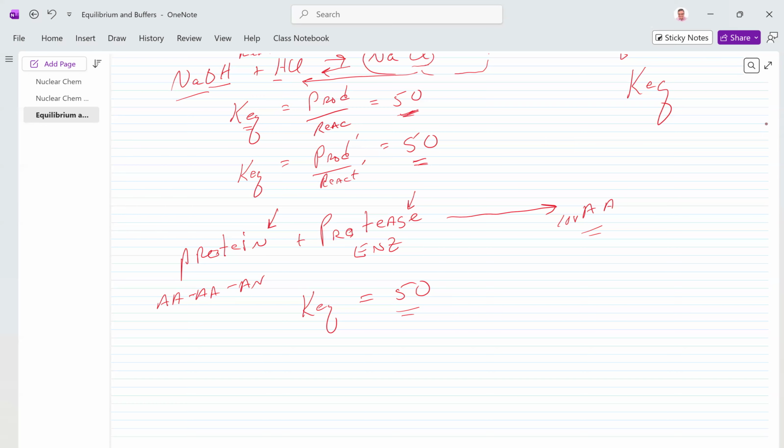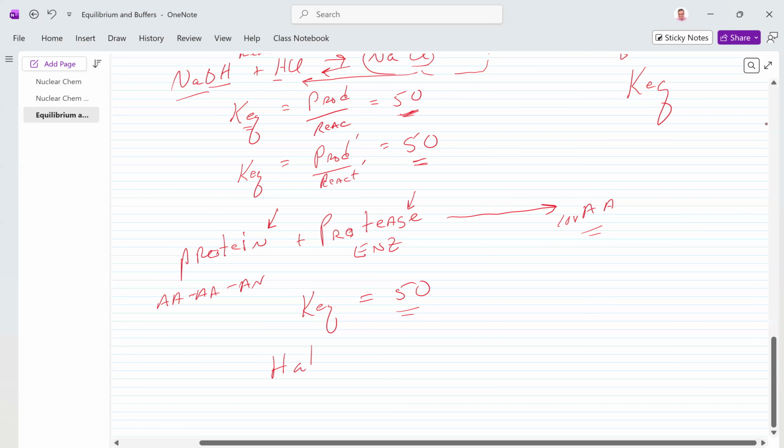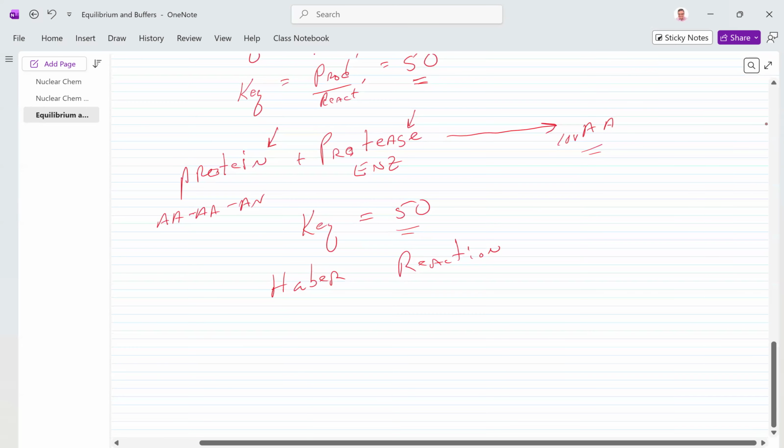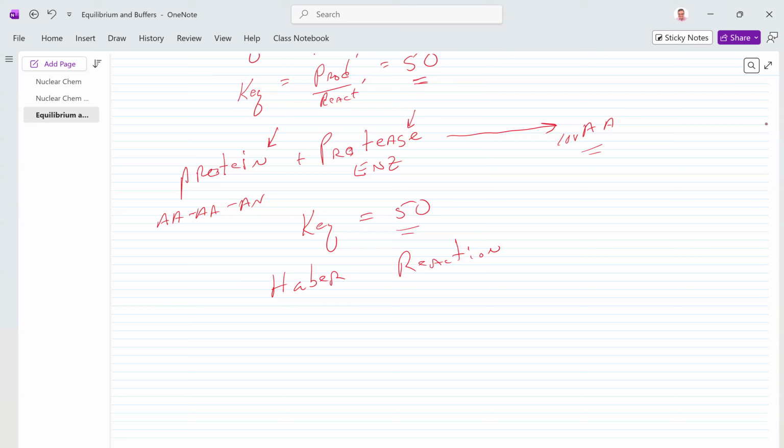There's a ton of reactions. There's another one called the Haber reaction. Now, Haber was kind of Einstein vintage, and he got a Nobel Prize for this.